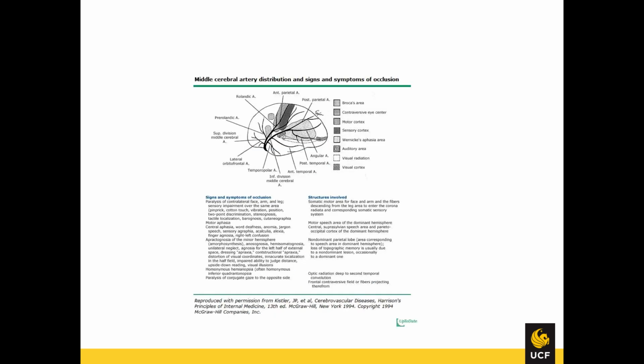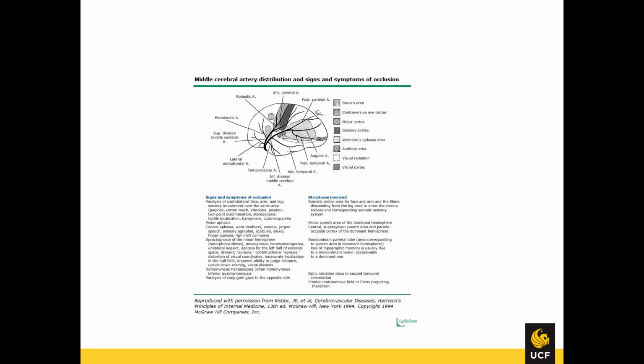And this is important here. This is the middle cerebral artery distribution and the signs that you'll get when you've got an occlusion. You might see paralysis of the contralateral face, arm and leg, sensory impairment over the same area, motor aphasia, central aphasia, word deafness, anomia, jargon speech, sensory agraphia, acalculia.